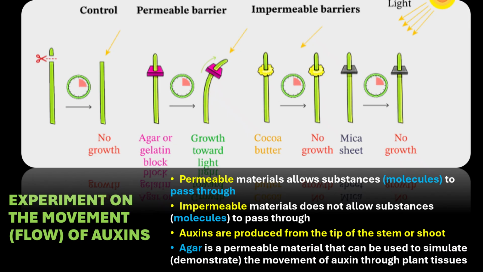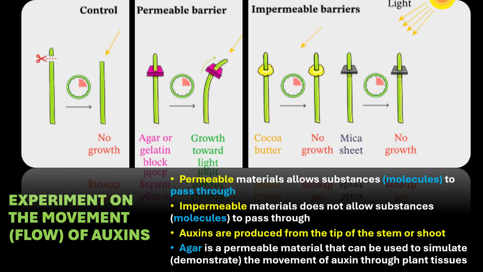Agar is a permeable material that can be used to simulate or demonstrate the movement of auxins through plant tissue. So we split this into three sections, and then we try to explore what's going on. They were all exposed to the same light. There was no growth because the auxin couldn't pass through, so there was no auxin to cause growth.